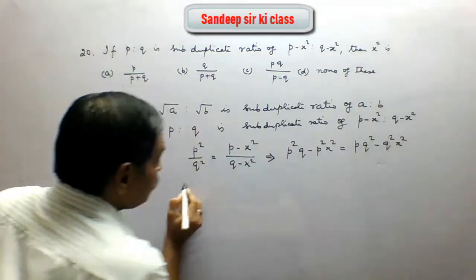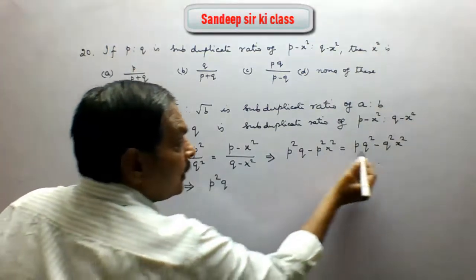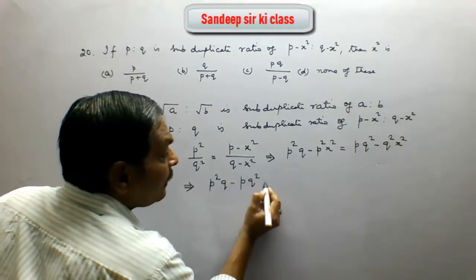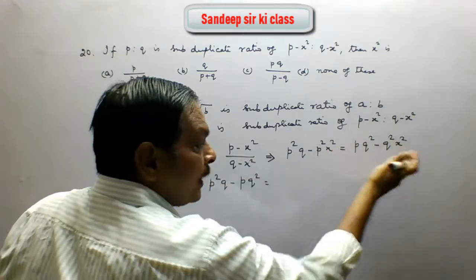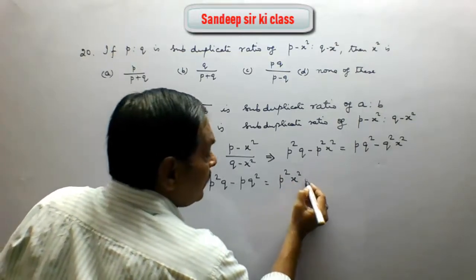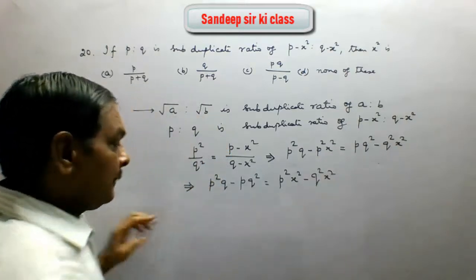Transpose. So this implies P square Q, I bring it here, so it will become negative PQ square, take P square x square, Q square x square that side: P square x square minus Q square x square.